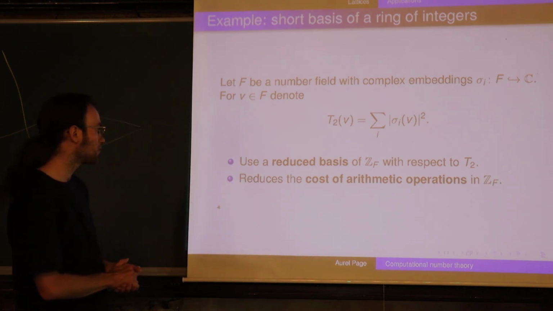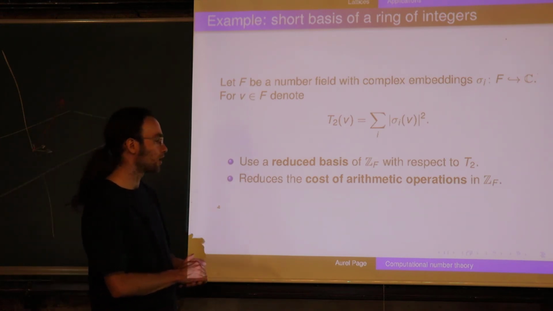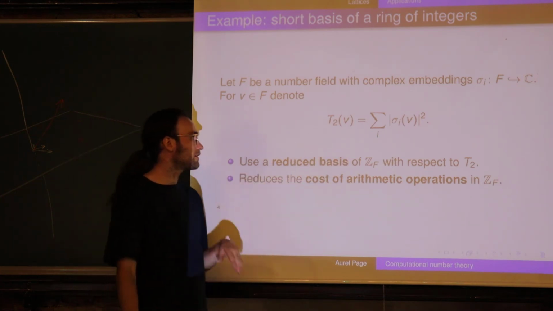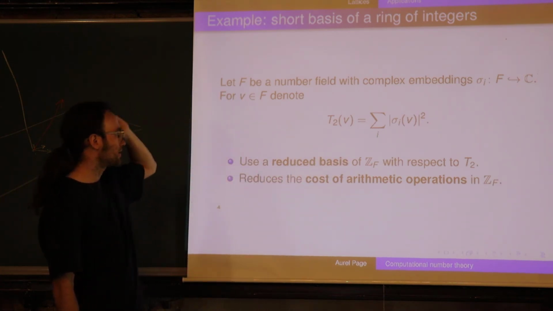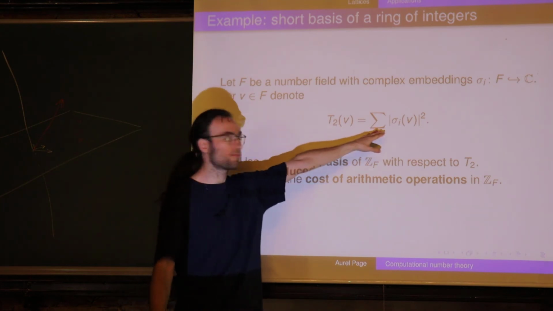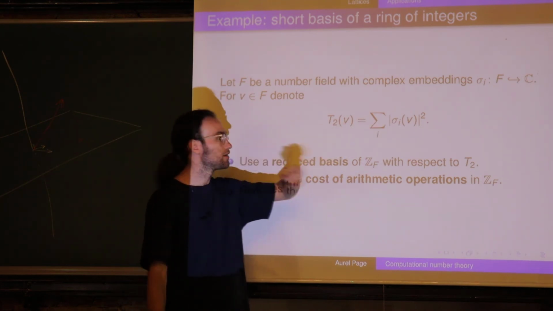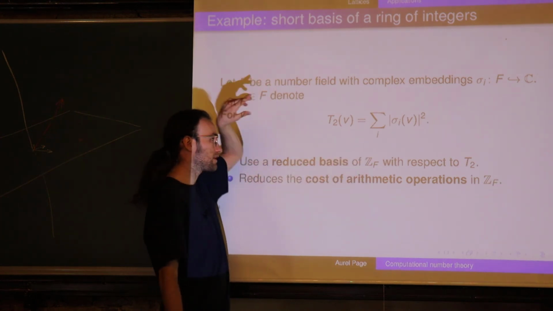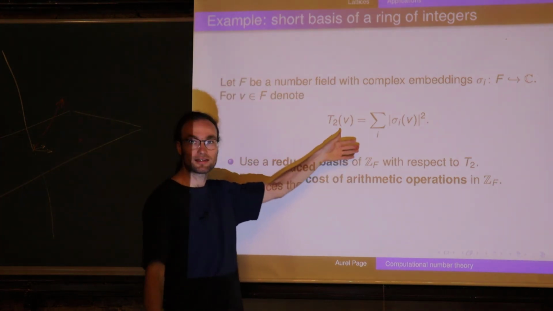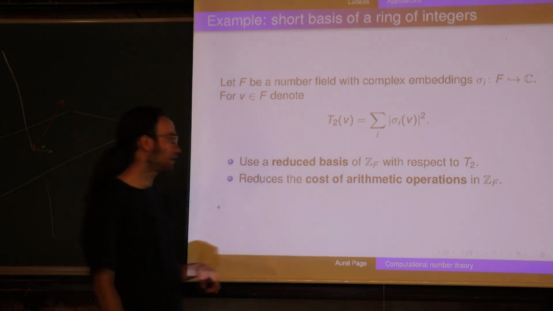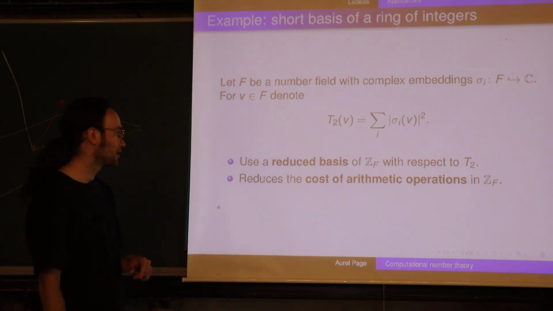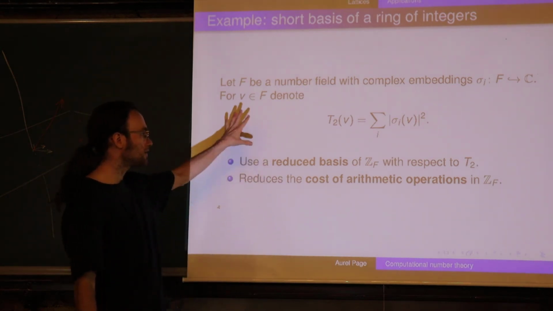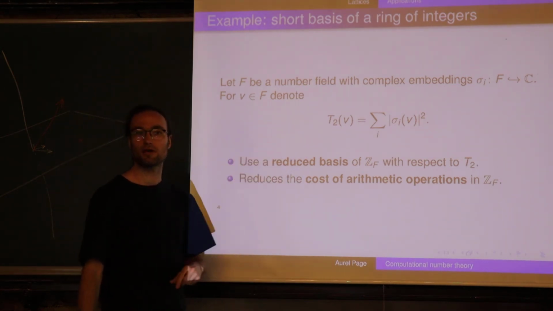And you can simply use LLL or better reduction on the ring of integers with the following norm that takes into account all the complex embeddings of your field. Taking this norm on the ring of integers will give you a positive definite quadratic form, so you really get a lattice, and you can compute a reduced basis with respect to that. And doing that reduces the cost of arithmetic operations. But you don't really need a precise guarantee on the output for that.